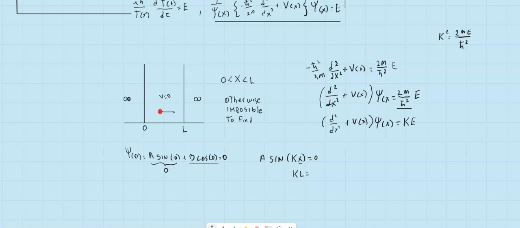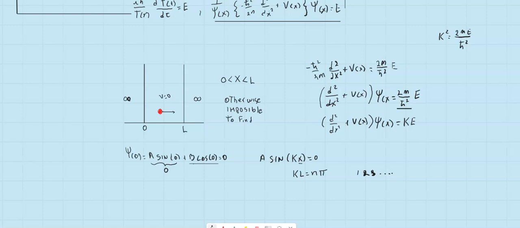You can't do that here. How can you get 0? Well, if you multiply n times pi, you're always going to get 0, where n could be 1, 2, 3, and so on.